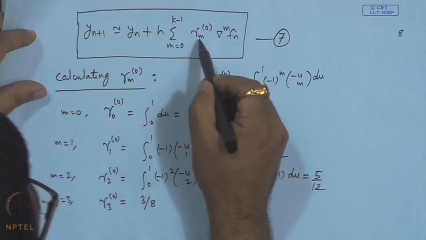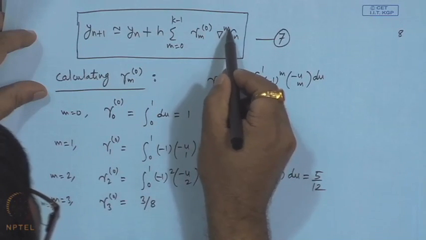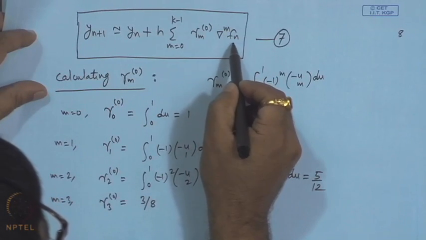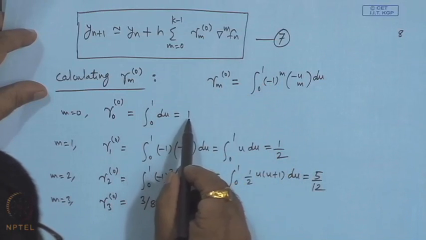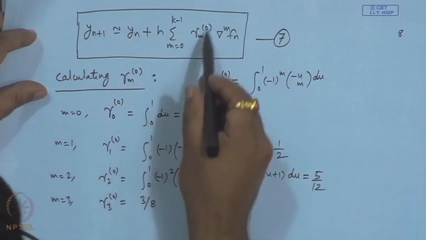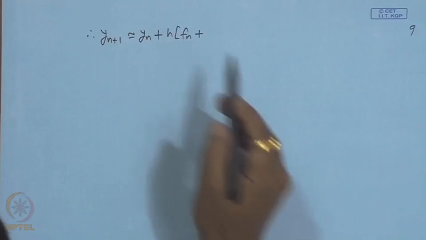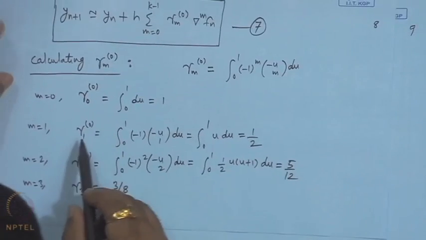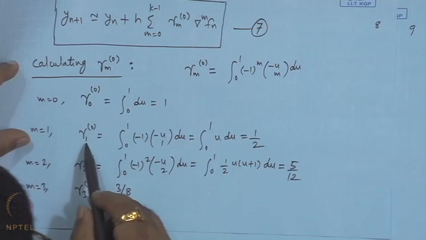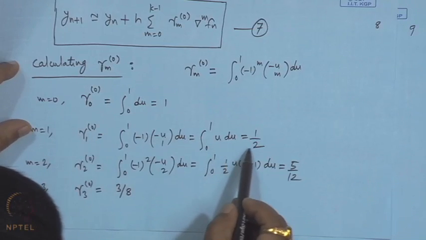So, therefore, because what was our formula? 1 0 and 0 difference, that is f n, okay, and gamma 1 0 is just 1. So, therefore, first term should be f n. Okay. So, then sorry gamma 0 0. So, then gamma 1 0 is half.